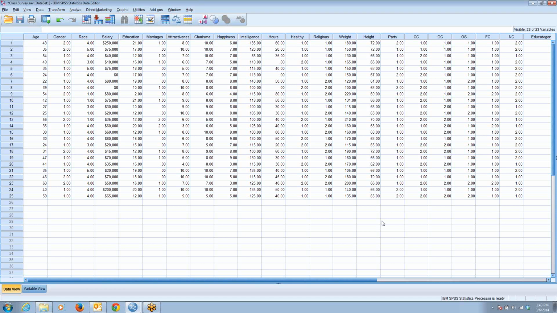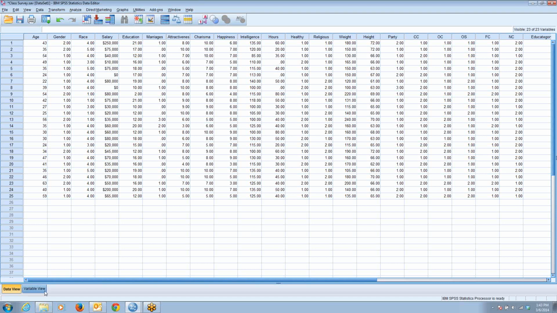And I want you to give me hours worked by gender. So that means the average number of hours worked by men and the average number of hours worked by women.